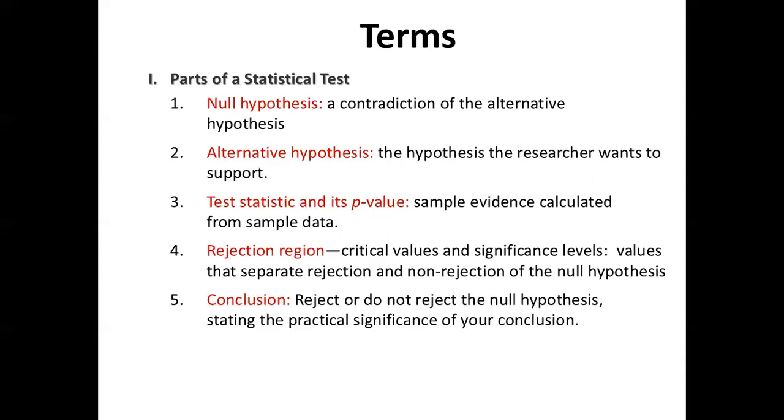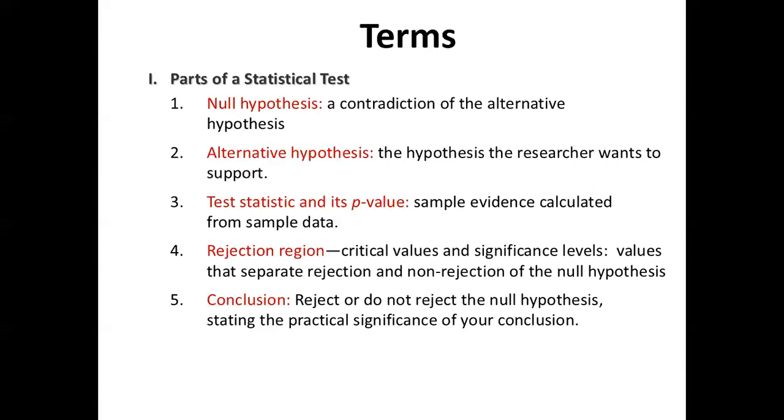First of all, we must state the null hypothesis. The null hypothesis is a hypothesis that is equal to 0 or no difference, that contradicts the alternative hypothesis. So that is the first step. The second step, we must state the alternative hypothesis.